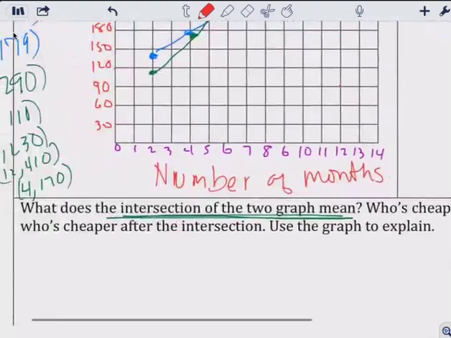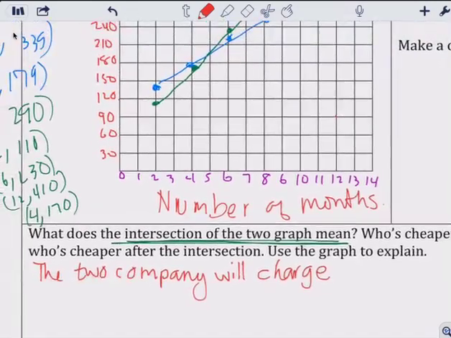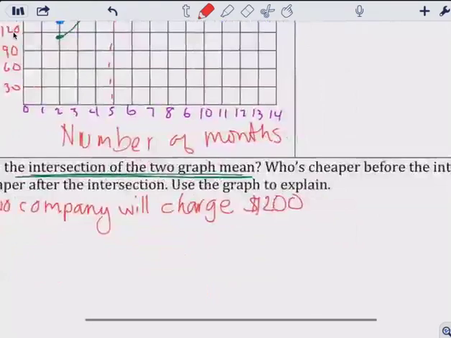So the intersection means that the two companies will charge, let's estimate, how much? Is it 200 yet? Let's say we'll charge $200 for about 5 months, right?